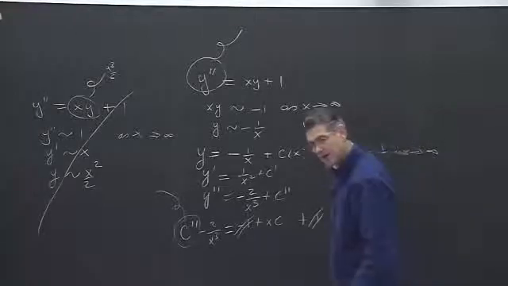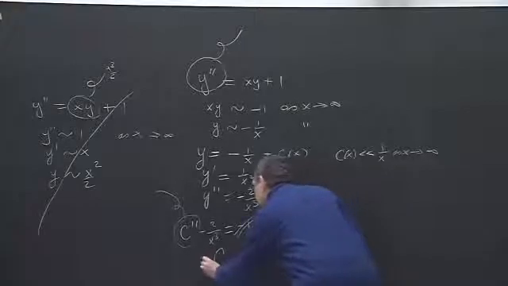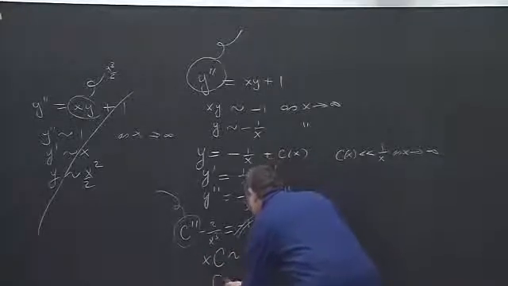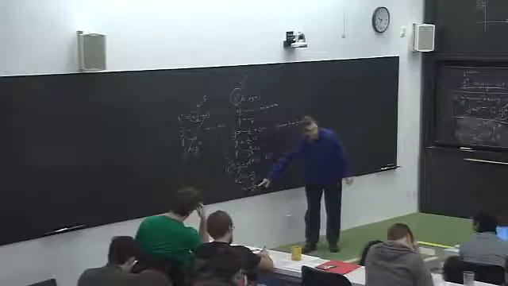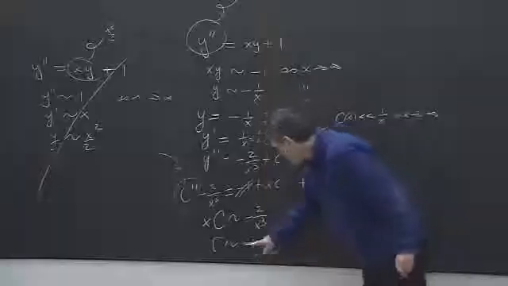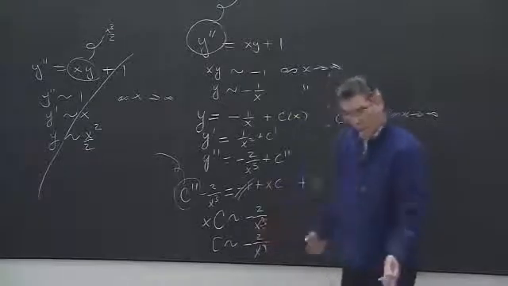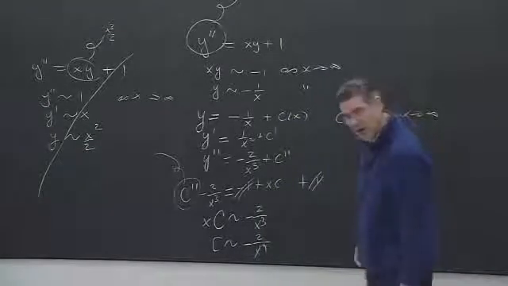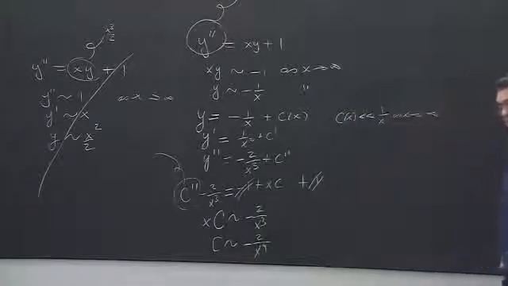If we can, we would conclude that c times x is asymptotic to minus 2 over x cubed, and therefore c is asymptotic to minus 2 over x to the 4. Is that consistent? If c is asymptotic to that, c'' would be asymptotic to some constant over x to the 6th. Was it valid to throw it away? Yes. Great. We now have the next term in the series.